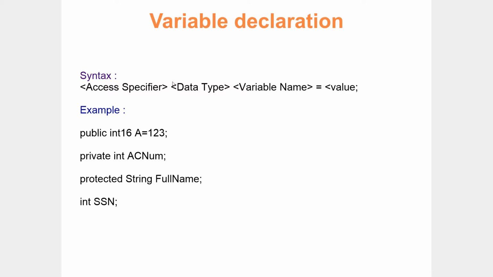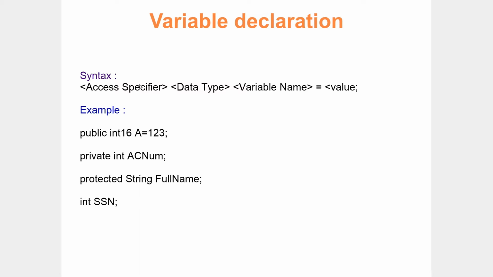As I said, whenever you declare any variable, any data member, you should also define the scope of the data. How to define a scope? A scope can be defined using an access specifier. As we discussed yesterday, C Sharp provides different types of access specifiers: private, protected, internal, protected internal, and public.